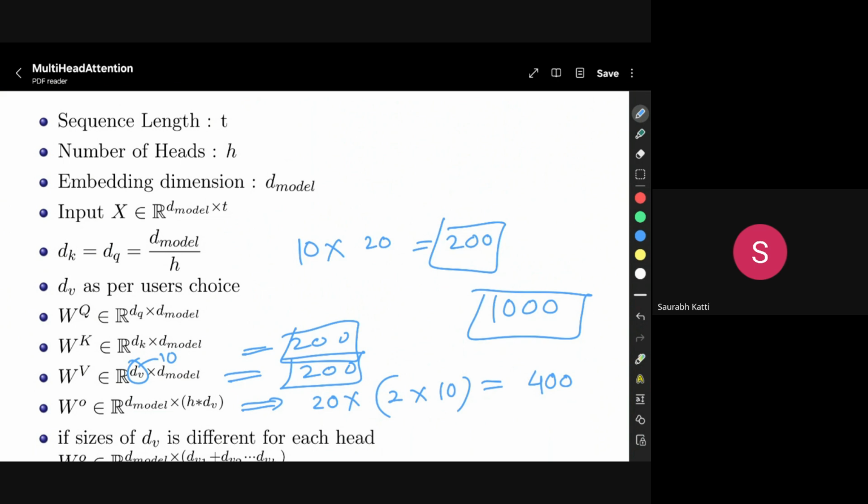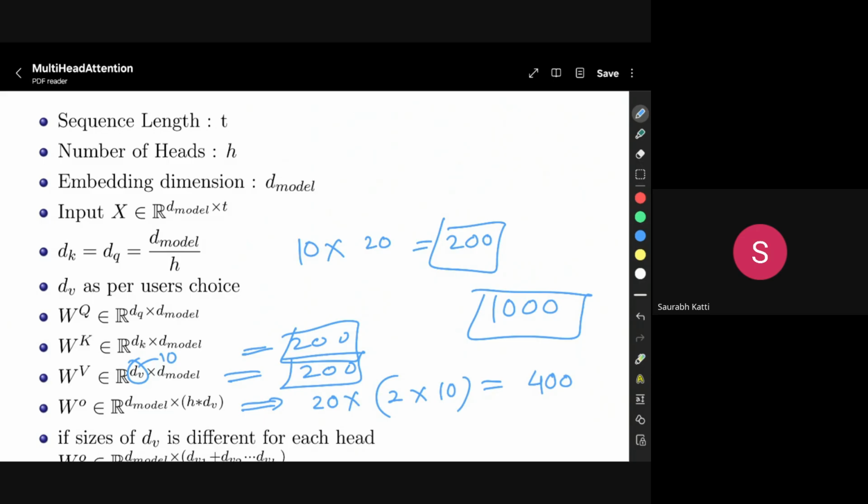Sorry, we can do multi-head cross attention, but I think what they mean is single cross attention only. I'm not sure if they mean one attention head or multi-head cross attention, so depending on the question, it might change. But I'll give you the idea of how you can calculate the parameters.